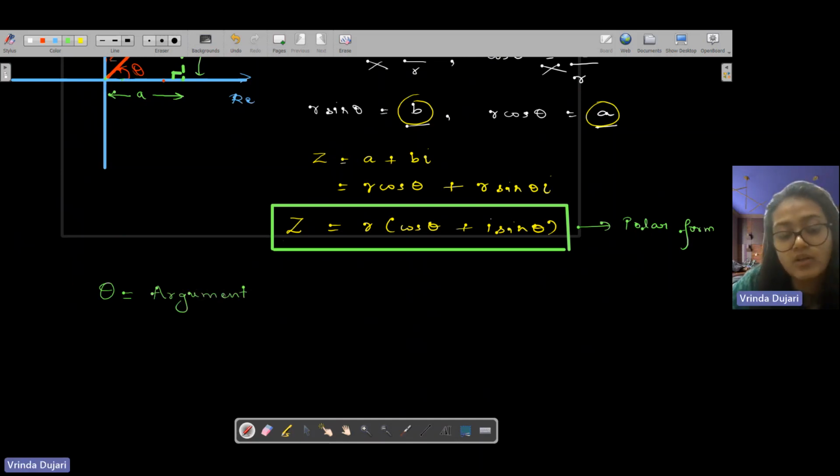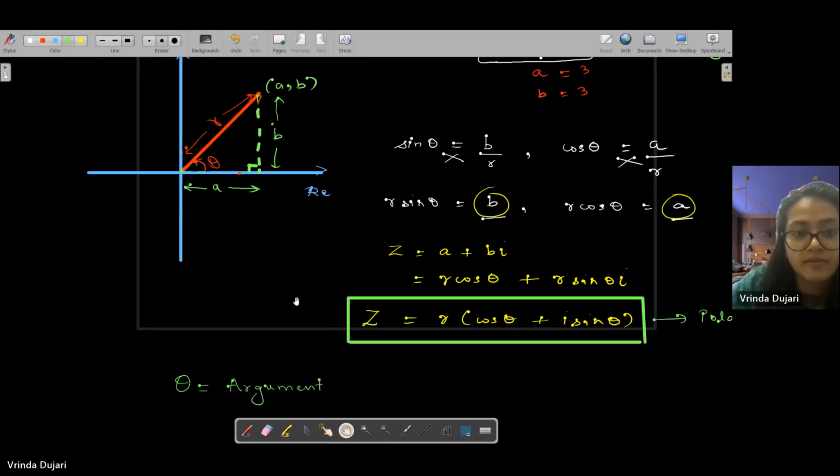And how can you find out the value of theta if you want to find it out? So if you see, what will be the value of tangent of theta? Tangent of theta is given by opposite over base.